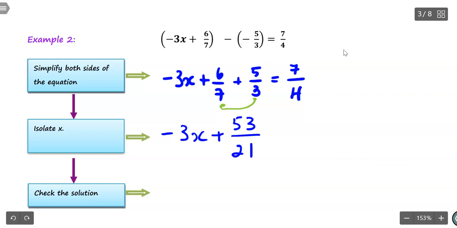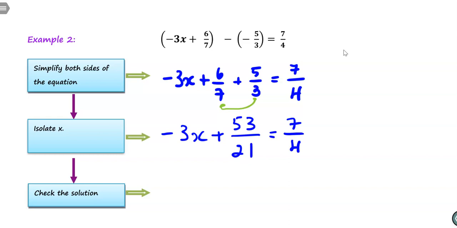Just use a calculator to work with. And then the next step is I simplify by subtracting 53 over 21 from both sides of the equation.